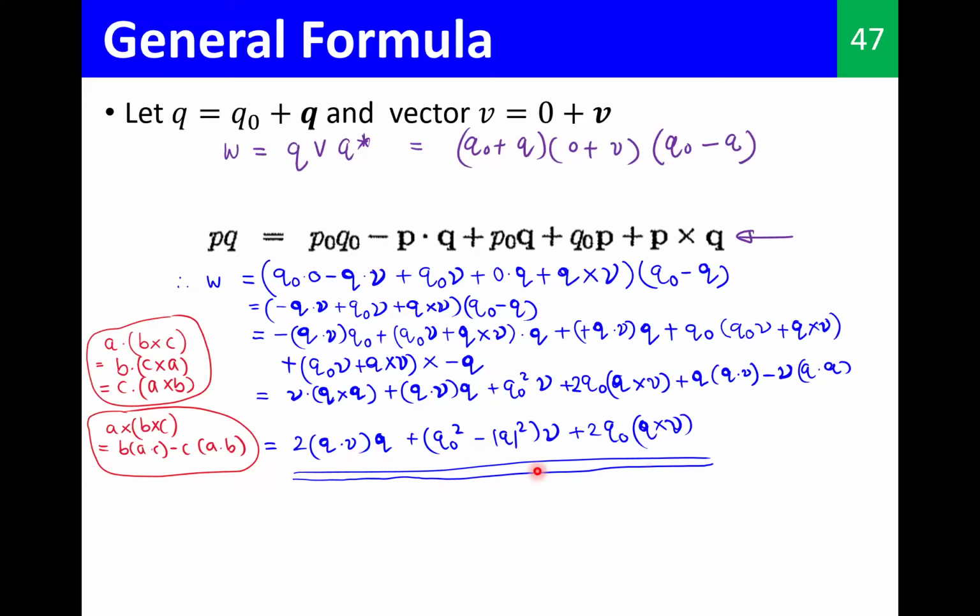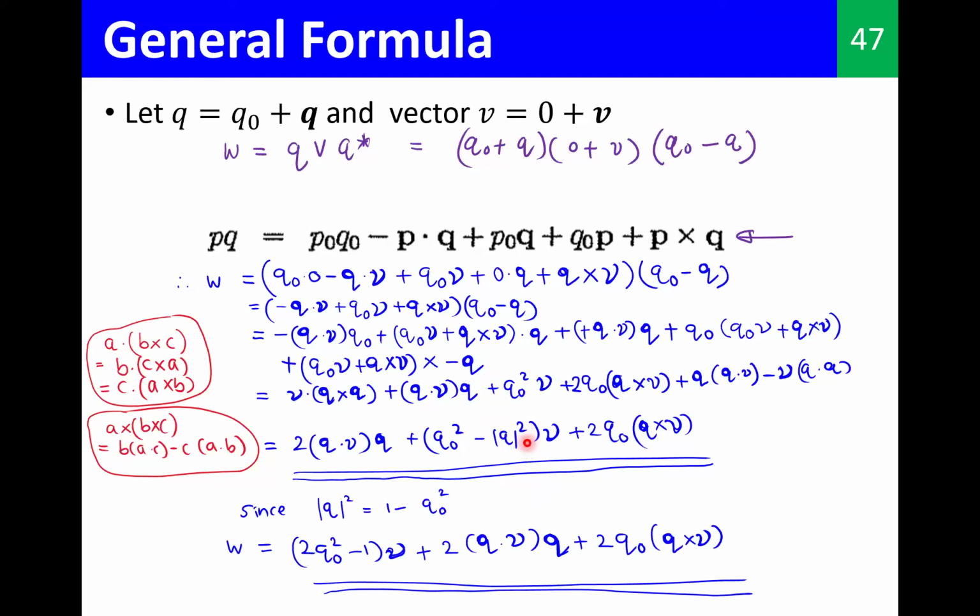And also we can simplify it a little bit, because this guy is actually equal to 1 minus q naught squared, right? Because we know that these are unit quaternions. Therefore, this is equal to 1 minus q naught squared. So that we can put it here, and we have a slightly simplified equation for vector rotation using a quaternion Q.